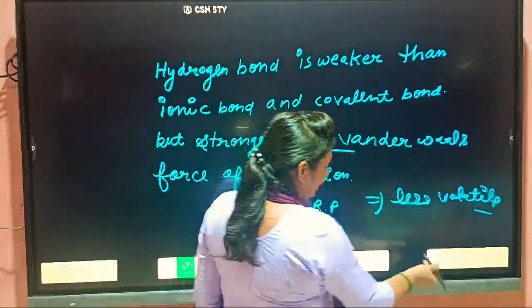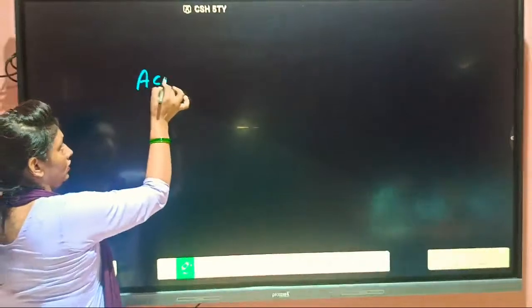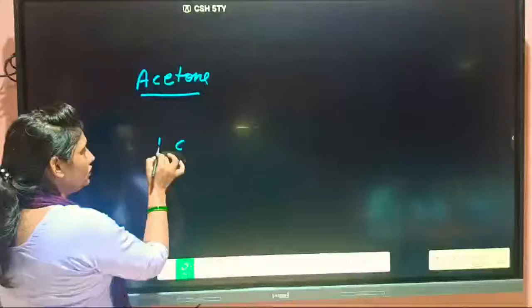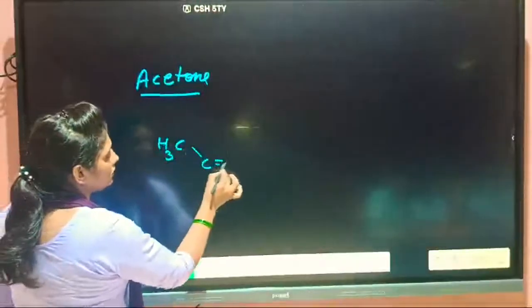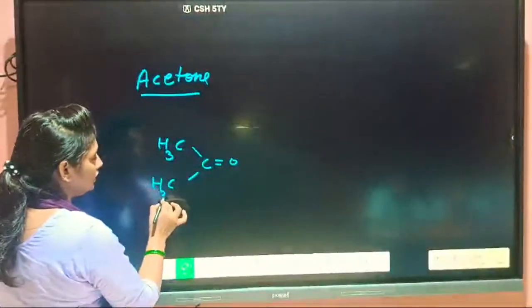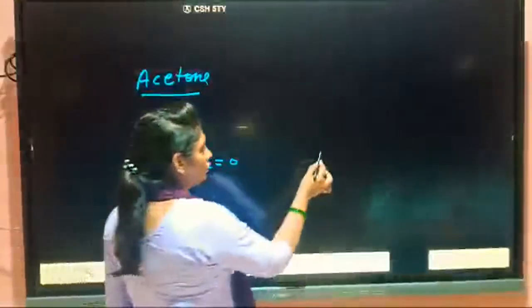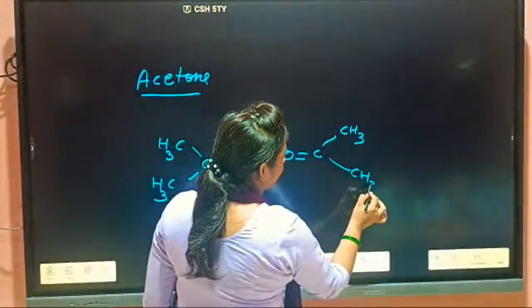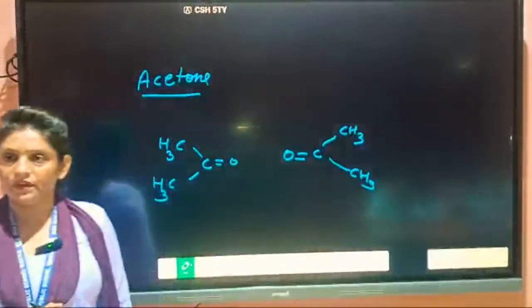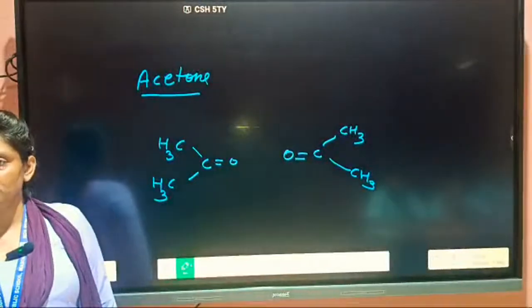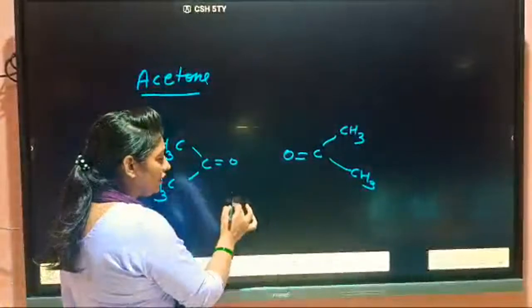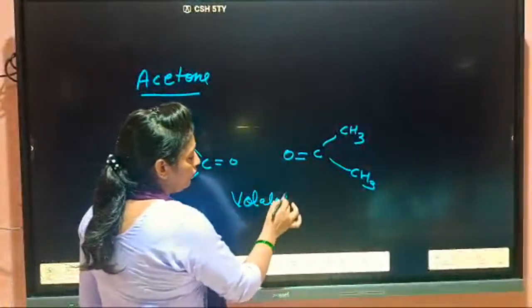Like, if I give an example to you, acetone. What is the formula of acetone? CH3COCH3. If two molecules of acetone are there, they cannot form hydrogen bonding between them. Because they are not forming hydrogen bond, they are more volatile.